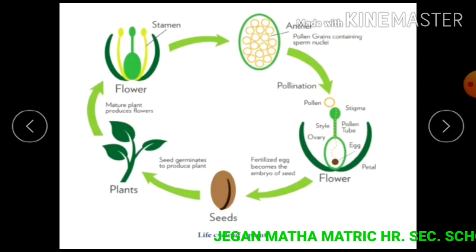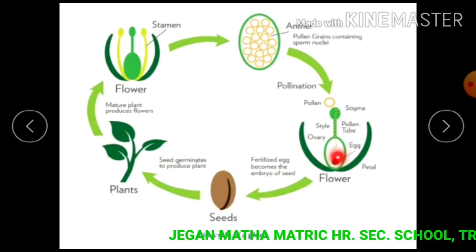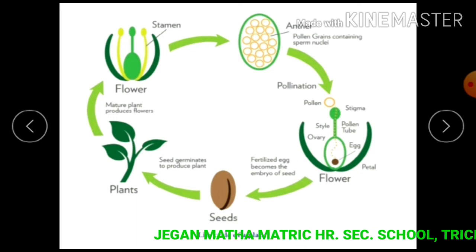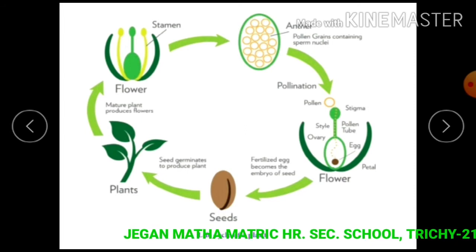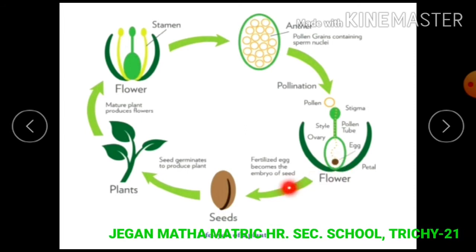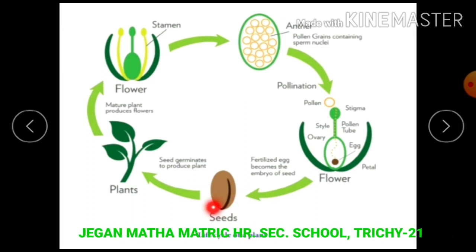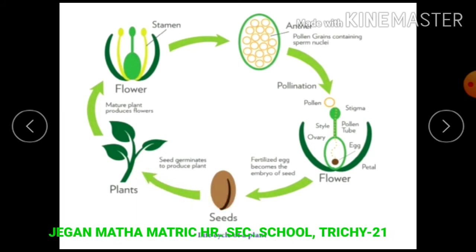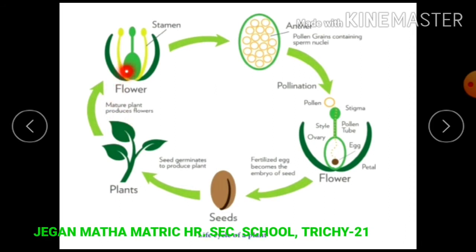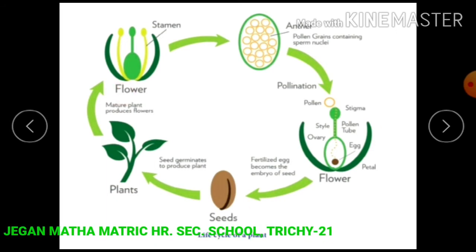In pollination, pollen grains reach the egg in the ovary. In the ovary, the male gamete fuses with the female gamete. Fertilization takes place. The fertilized egg becomes the embryo of the seed. The seed germinates to produce a plant. The mature plant produces flower. This is the life cycle of a plant.